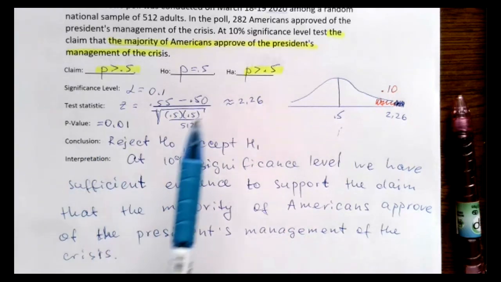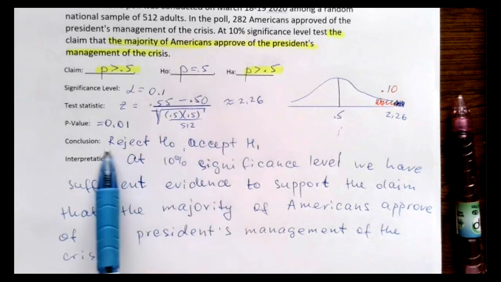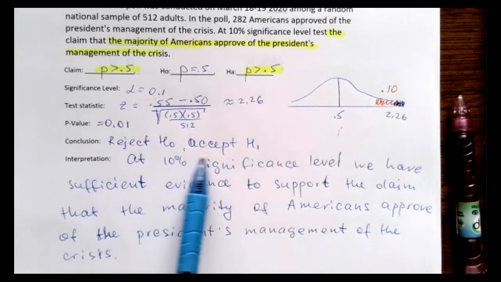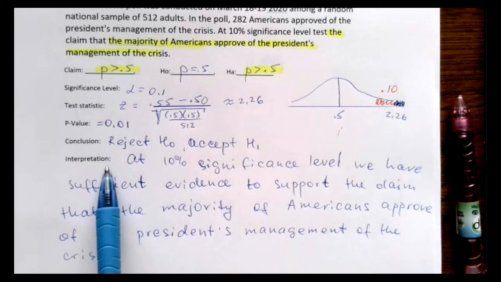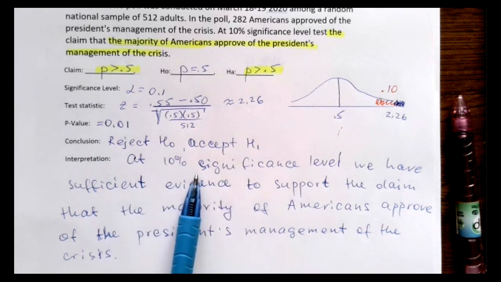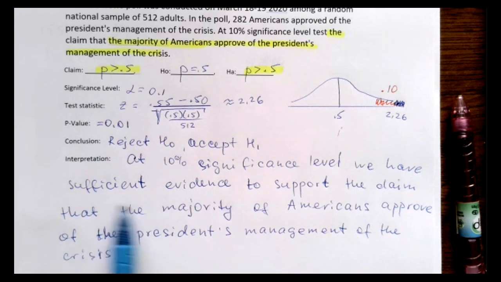Then, because we got enough support for the alternative, we are rejecting the null, accepting the alternative, and then stating our conclusion. And this is the formula for your conclusion. You first mention the significance level, and then we have sufficient evidence or we don't have sufficient evidence, and then state what the claim was.